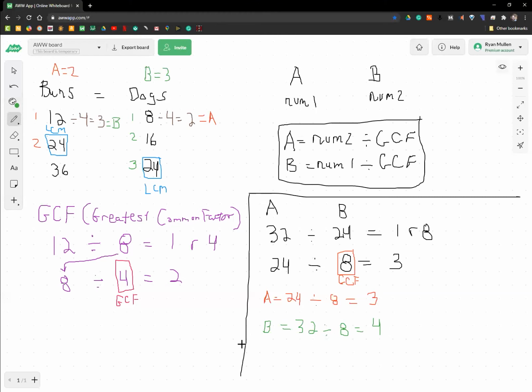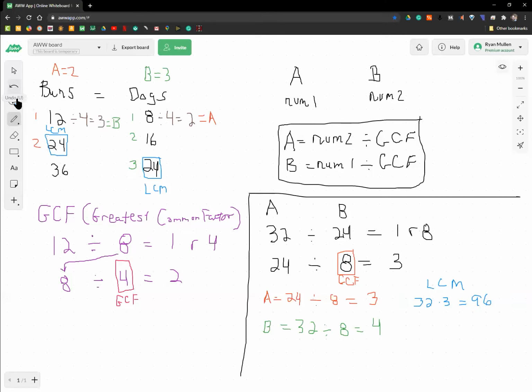Now you might be asking, wait a second, how many is that going to make? Remember, I can make 24 hot dogs. How many will this make? Well, I have to find the LCM, and it's easy from here. If I have 3 of item A, and item A has 32 in each one, all you have to do is 32 times 3, which is 96.